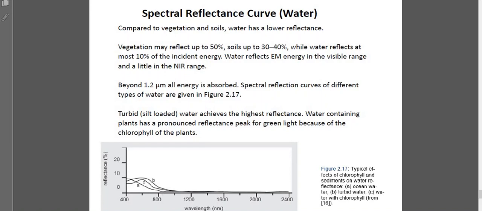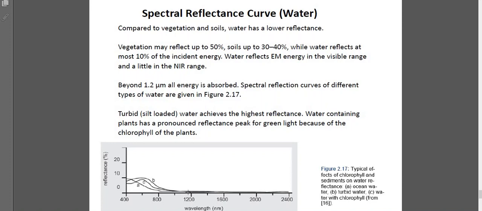After 0.8 there is a little bit of reflection. You can see NIR starts from 0.7, so there is reflection from 0.7, but at 1.2 the reflection is very low. So scientists built an algorithm that if NIR shows reflection less than 11%, then there is water.